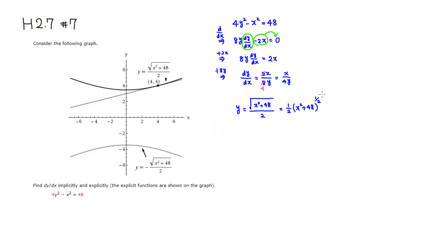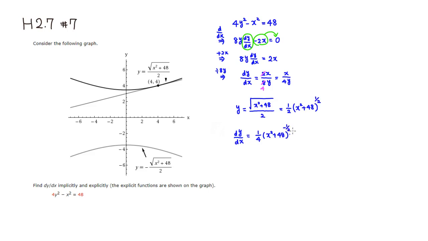So let's find the derivative. y prime, or dy over dx, is equal to, using the general power rule, we put 1/2 in front, but the 1/2 is already there, so I'm going to combine 1/2 times 1/2 is 1/4. Then keep exactly the same inside function, x squared plus 48, and subtract 1 from 1/2, so it's negative 1/2.